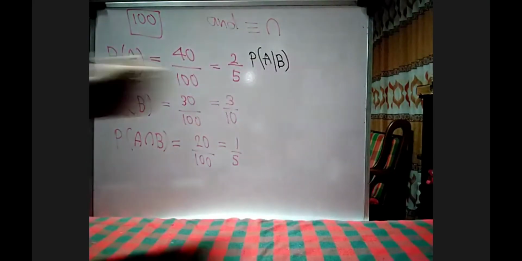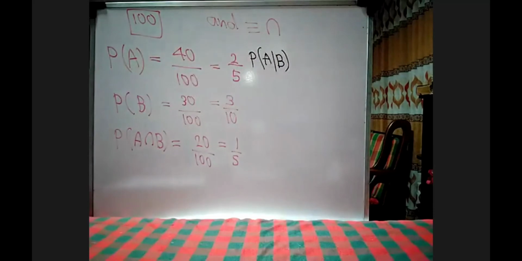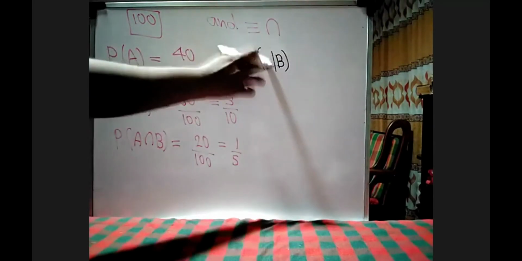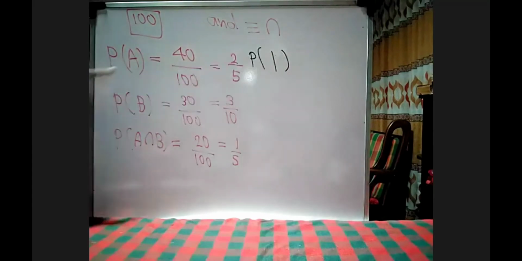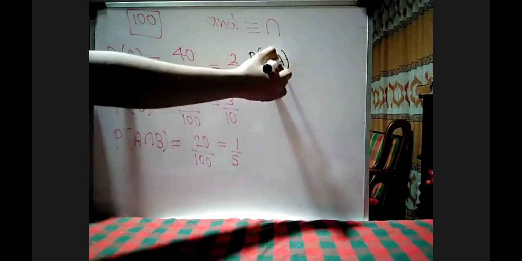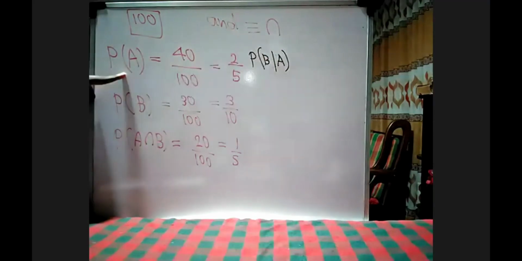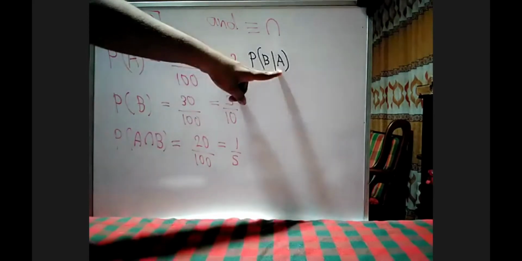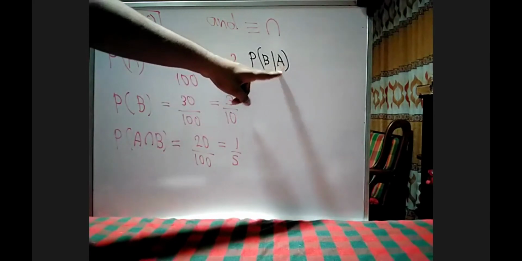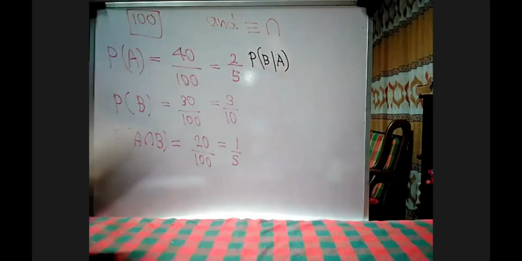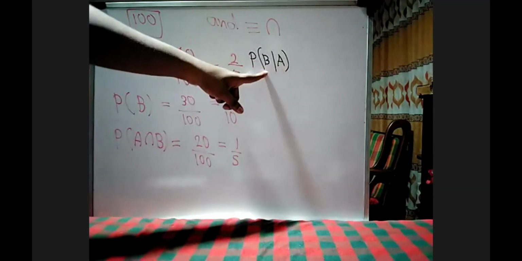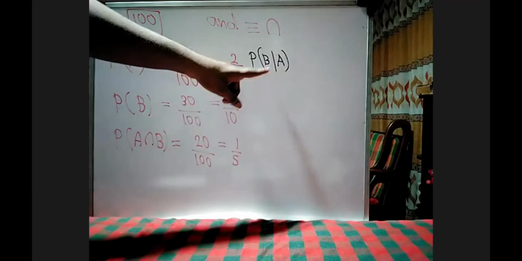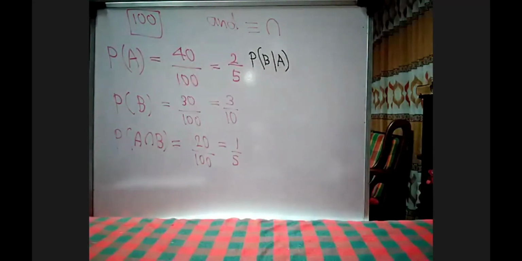Now we can use probability. It should be the other way around because alarm system is represented by A. Alarm system event A, bucket seats B. If a car buyer chosen at random bought an alarm system, so I have to write A here, then what is the probability of that buyer obtaining bucket seats?